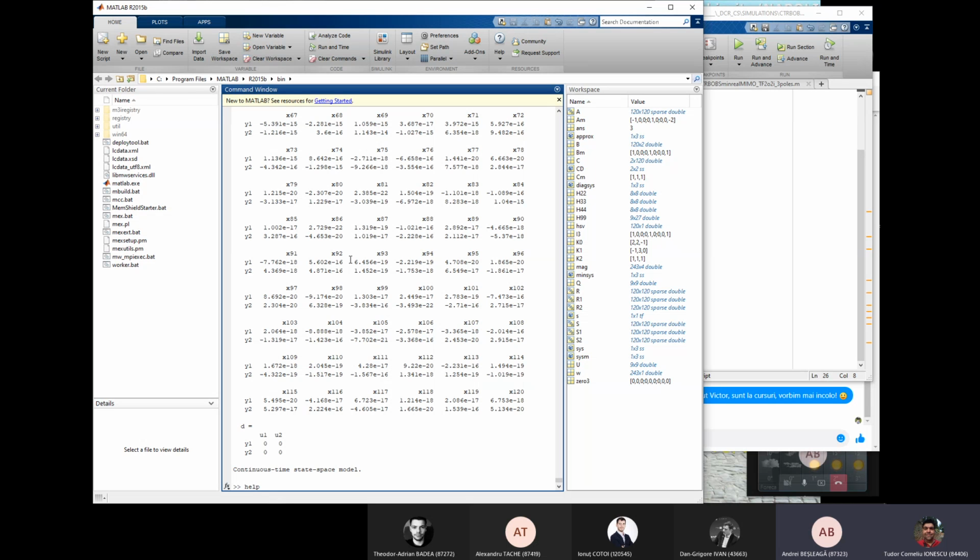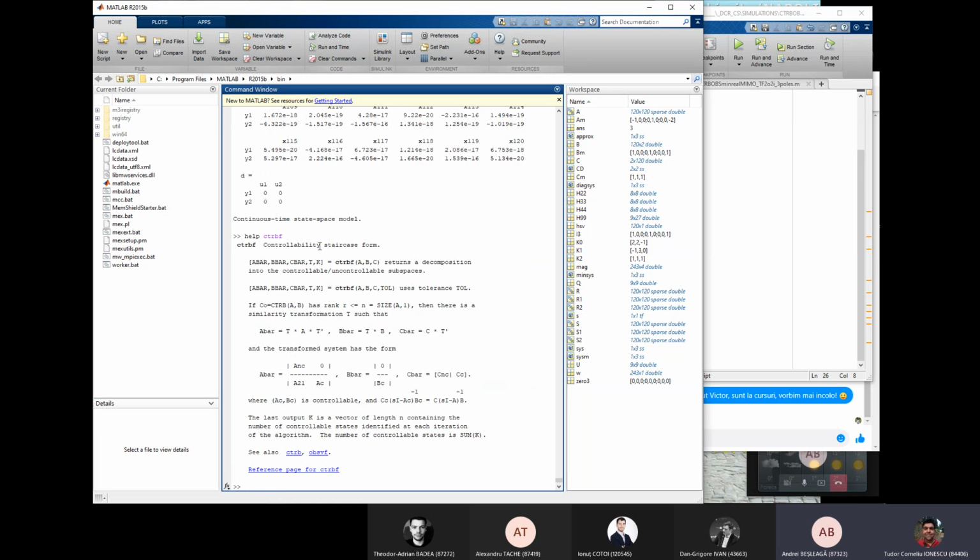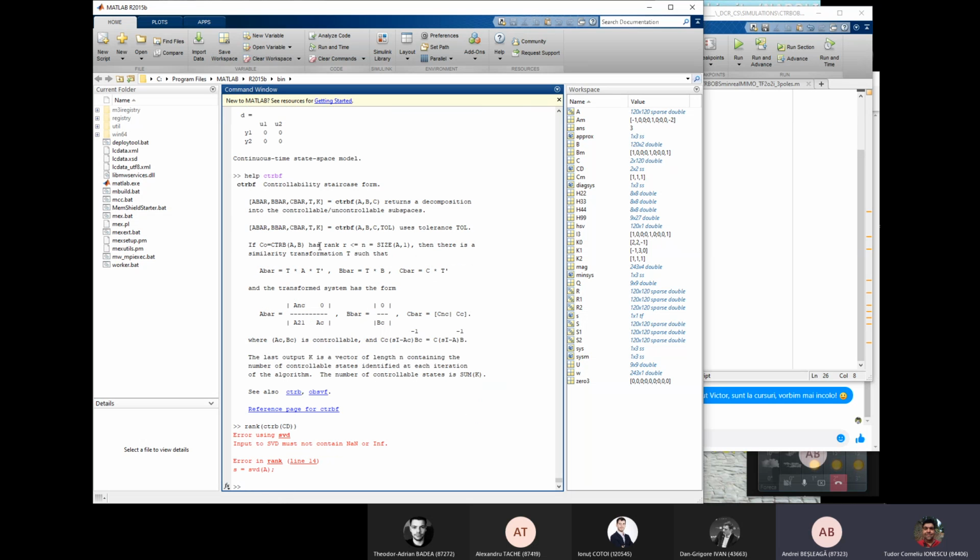Now let's check the minimal dimension. You want to do that? Yeah. Okay. Help CTRBF. No, this is not good. I expected something else. Never mind. Rank of CTRB of the CD player.